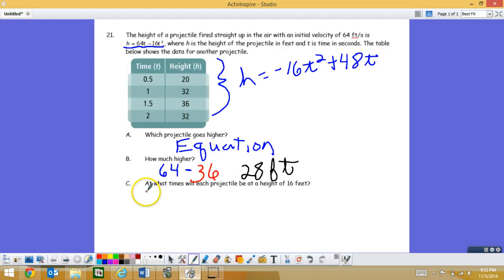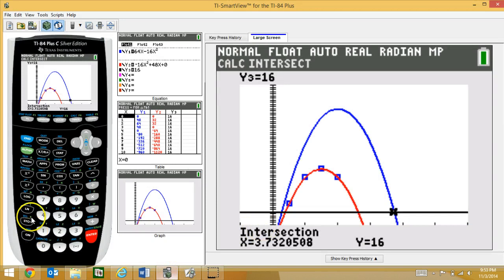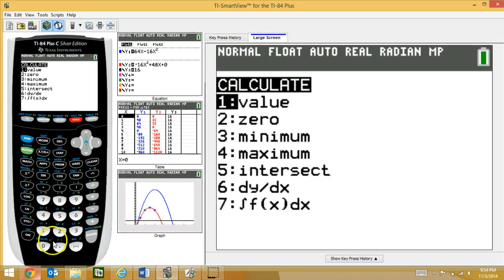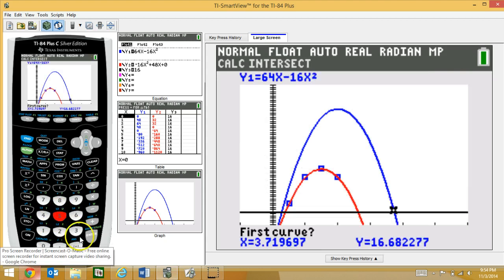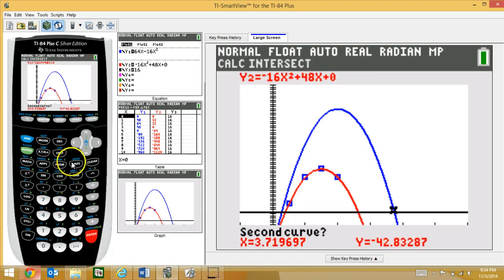So for the blue graph, one time that it's 16 feet off the ground is 3.73 seconds. And then there is a second time where that happens too. So I'm going to calculate an intersection again. The blue graph, yes. Not the red graph, so I'm going to down arrow from the red graph. Black graph, yes.